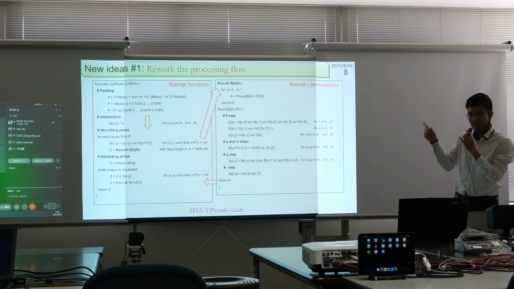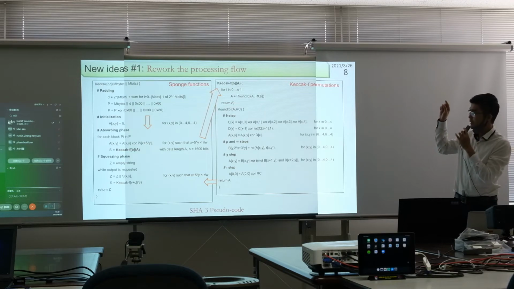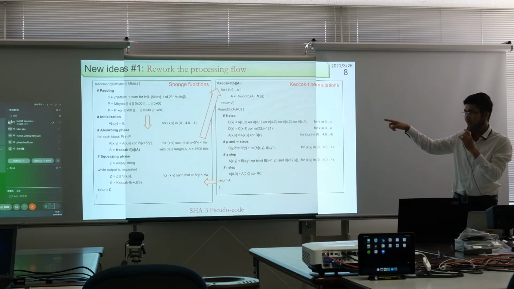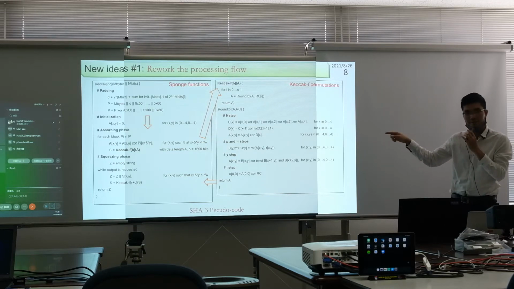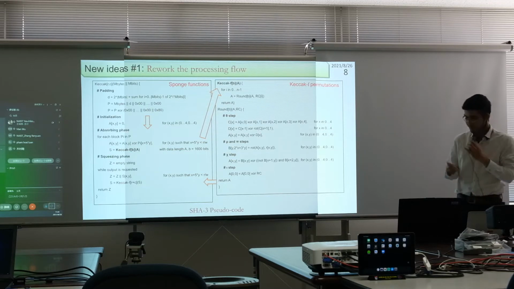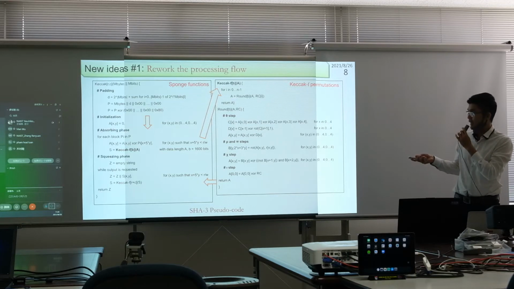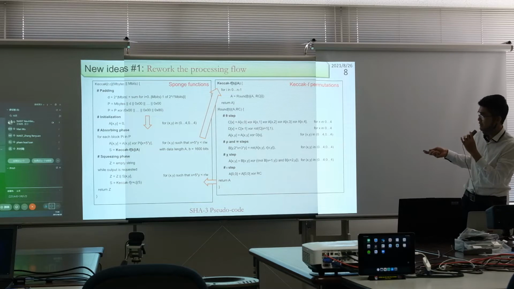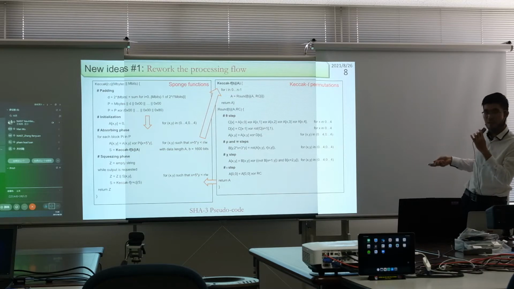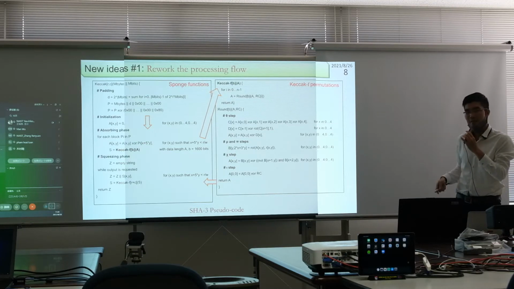The message first goes to the padding function, and when they finish, they put it into the absorbing phase, and the absorbing phase puts the data into the K-cap permutation here, and when they finish the K-cap permutation, they pass the vector data here and get the data out for the final result.